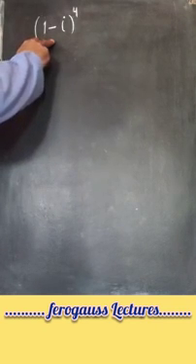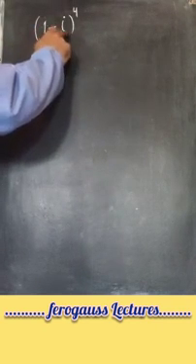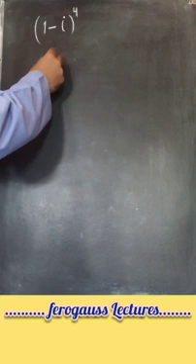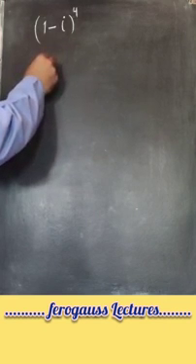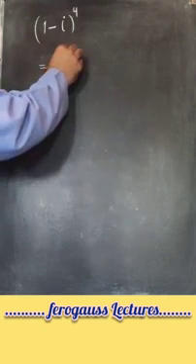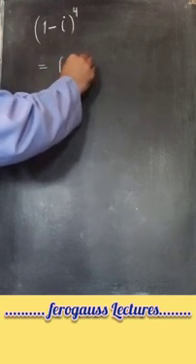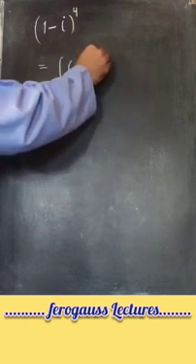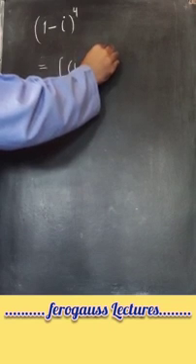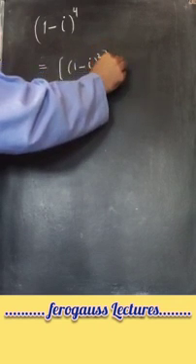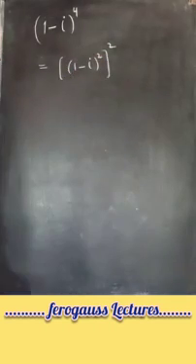Here we have the complex number 1 minus iota raised to power 4. We can write it as 1 minus iota square whole square.